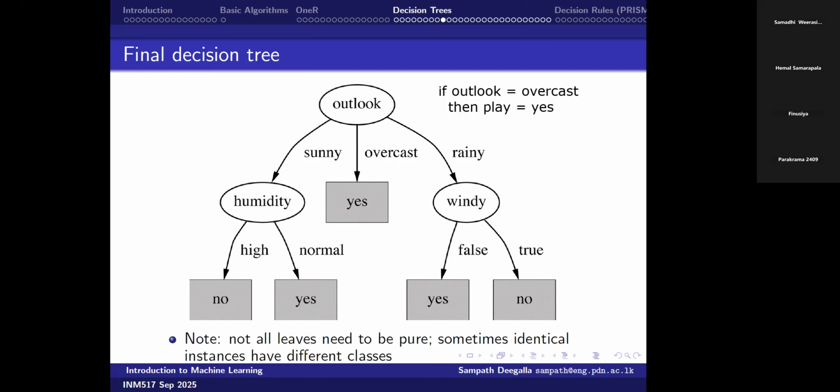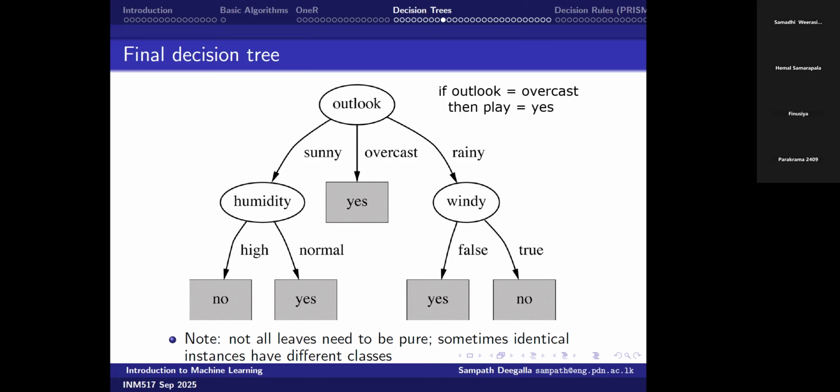So the first technique is to start with the tree structure and then build a rule set.